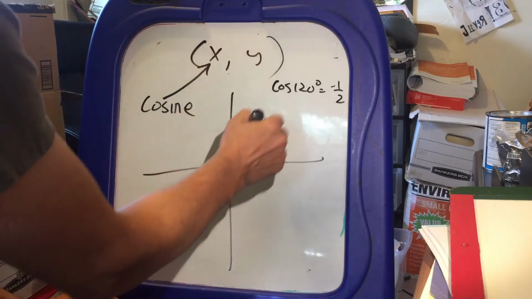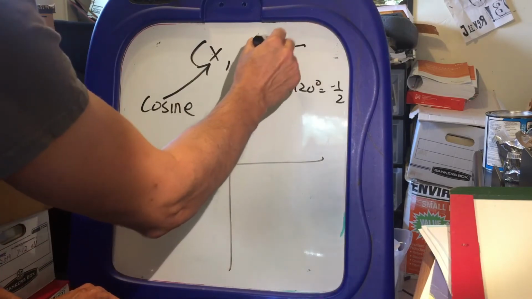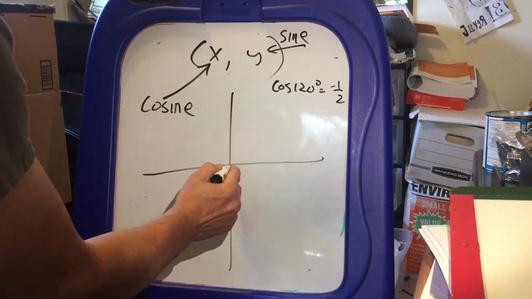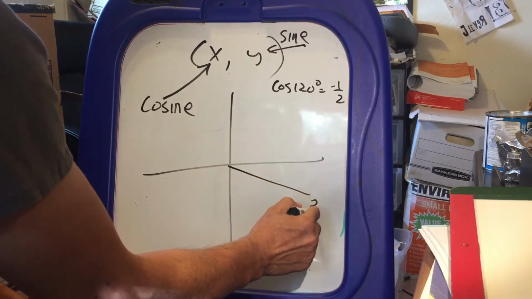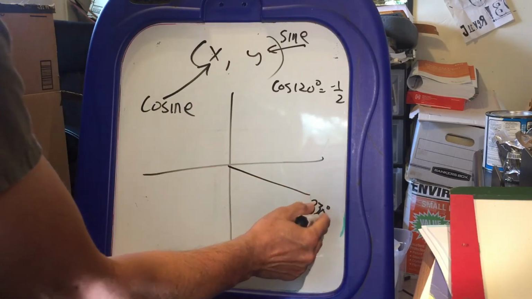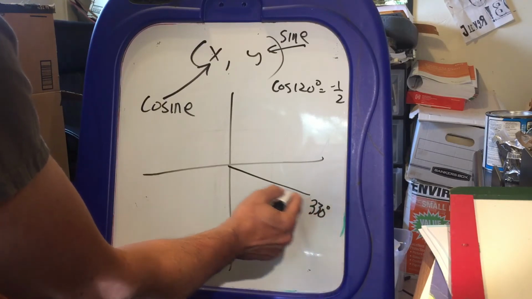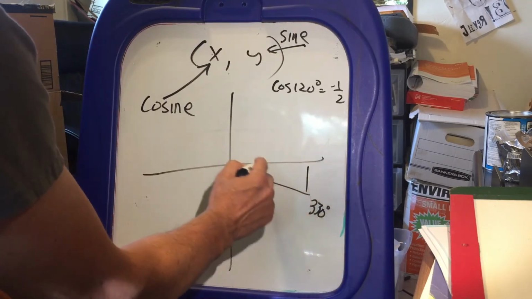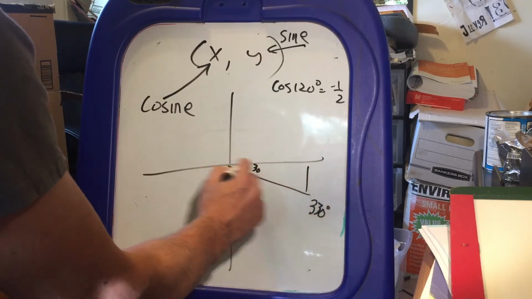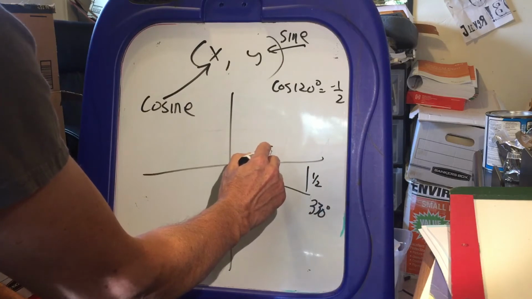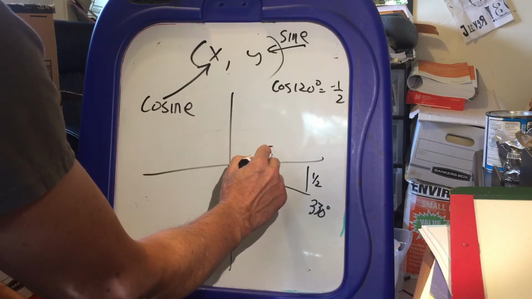The y value is going to be the sine. The only sine one I did today was down here. I think it was 330. What was the sine of 330? It ended up to be 1/2. It was 30 there, so across from the 30 was 1/2. This was root 3 over 2.